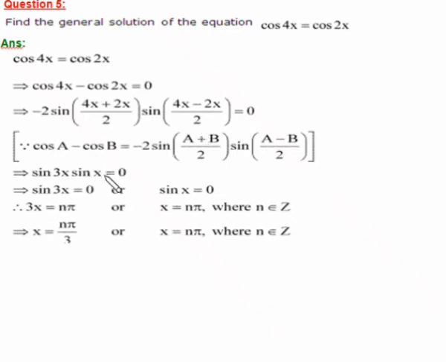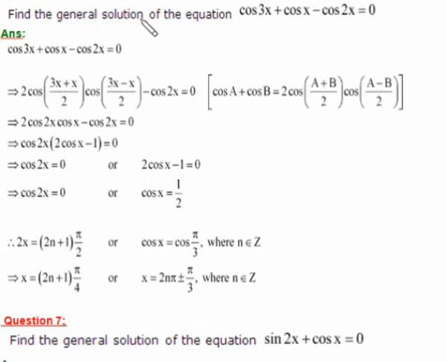So sin 3x into sin x, with −2 going to the other side, is equal to 0. Now we put sin 3x equal to 0 and sin x equal to 0. For sin 3x equal to 0, we apply the first condition: the angle is equivalent to nπ. So 3x is equal to nπ, x is equal to nπ/3. For sin x equal to 0, x is equal to nπ.